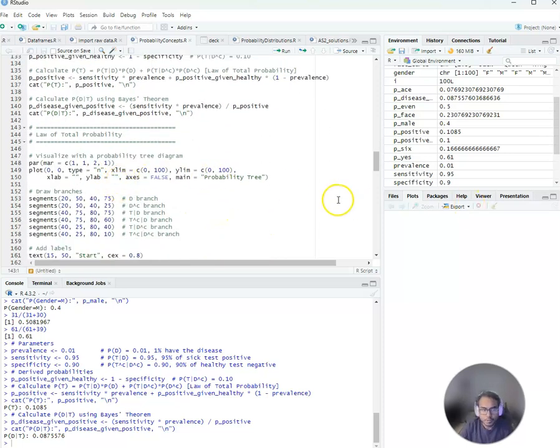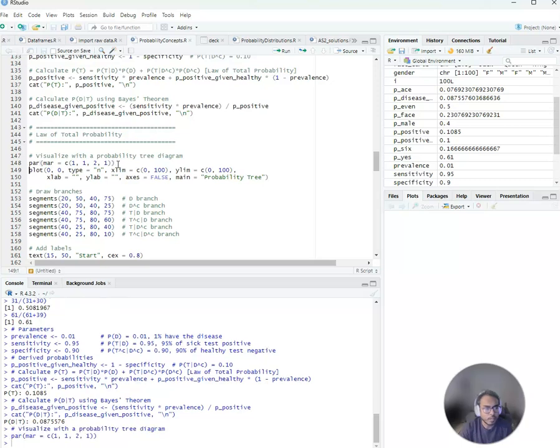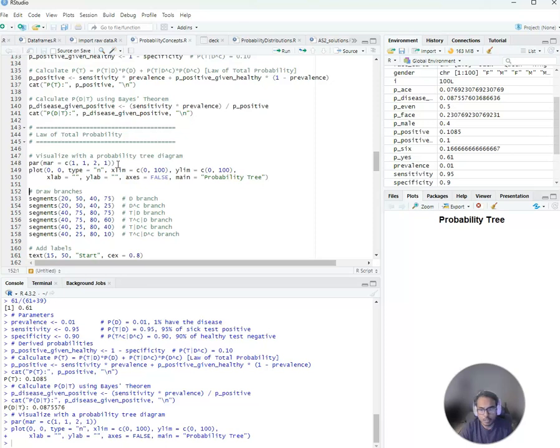It's often useful to visualize this using the probability diagram. So line 148 sets the canvas. What it means is that I have a margin with the vector c(1, 1, 2, 1), and I have a plot which is empty for now. And now I start drawing the branches.